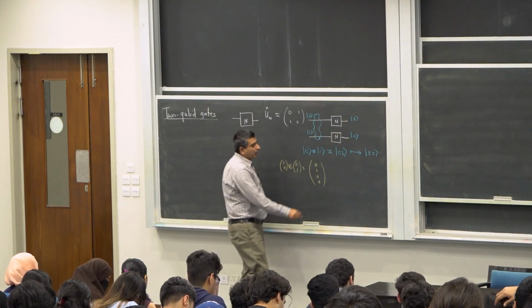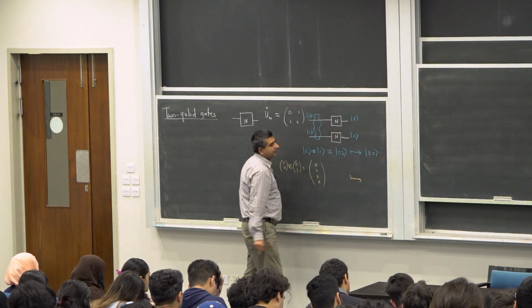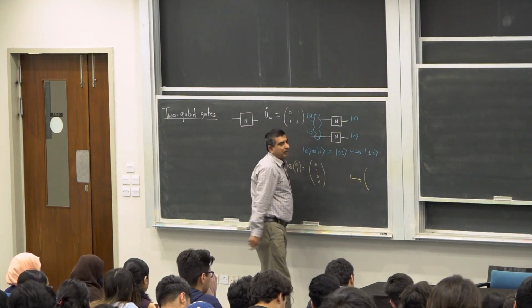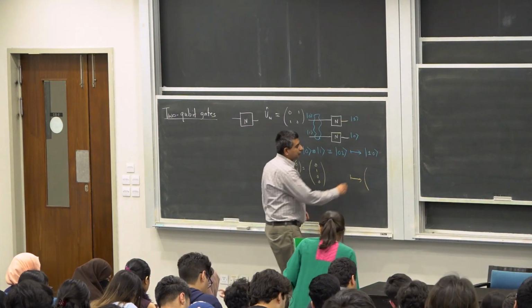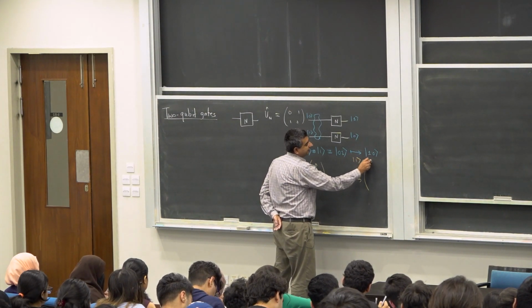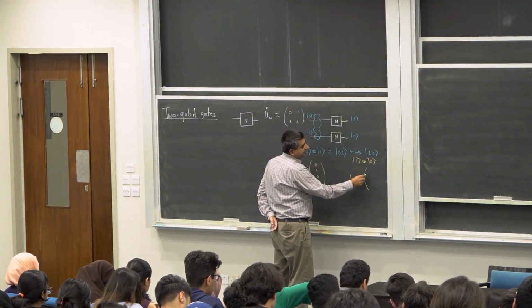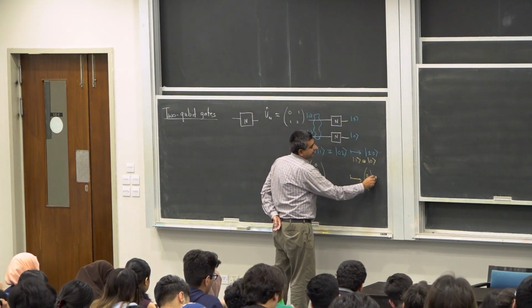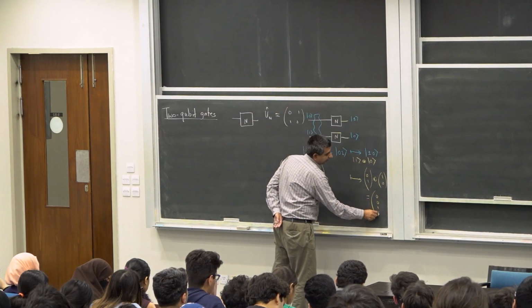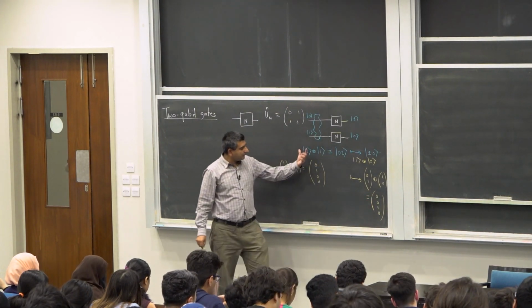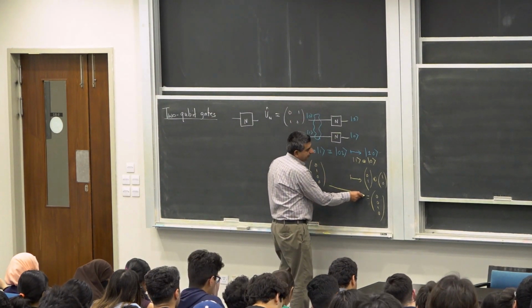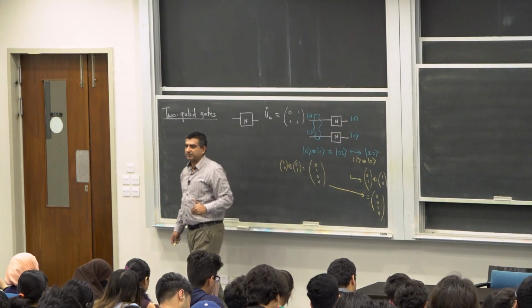And what emerges as the output state is ket 1 tensored with ket 0. Ket 1, as we know, is (0 1) tensored with (1 0). This would become (0 0 1 0). So starting from a 4-dimensional input quantum state, you achieve another 4-dimensional output quantum state.